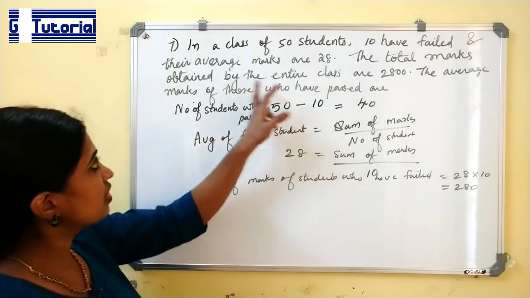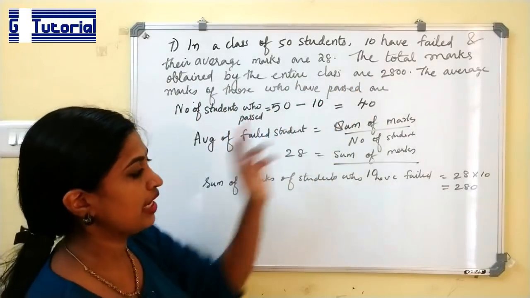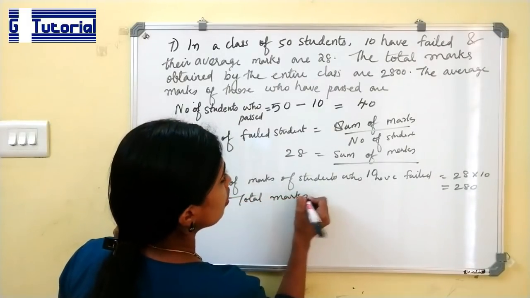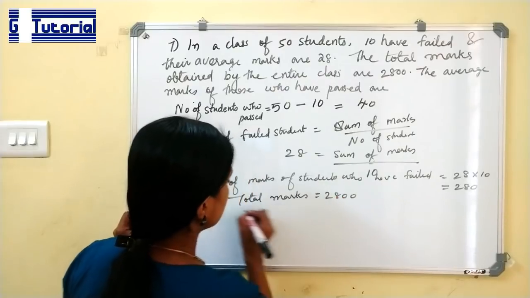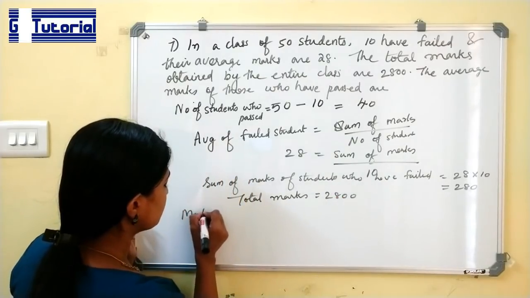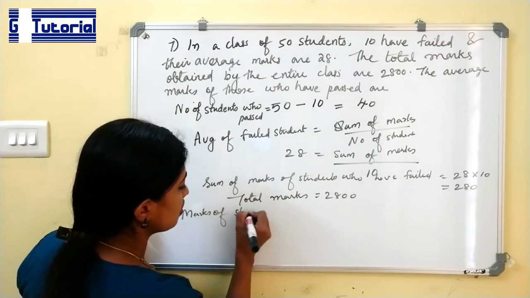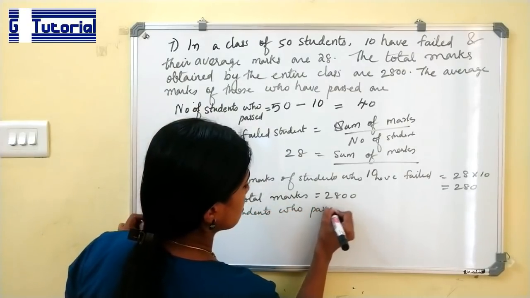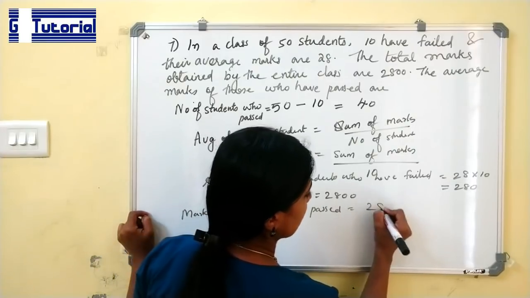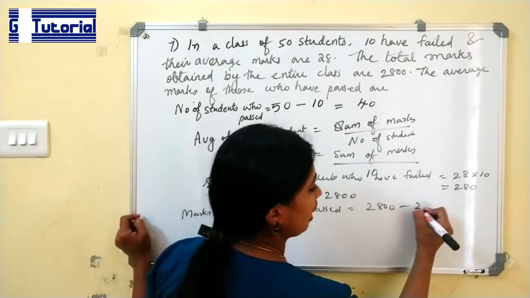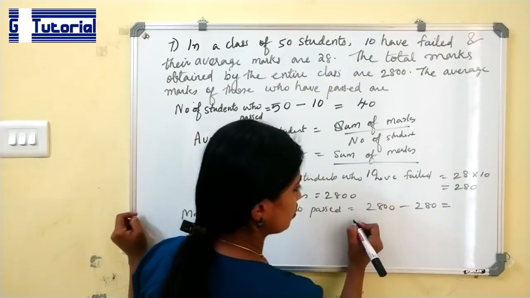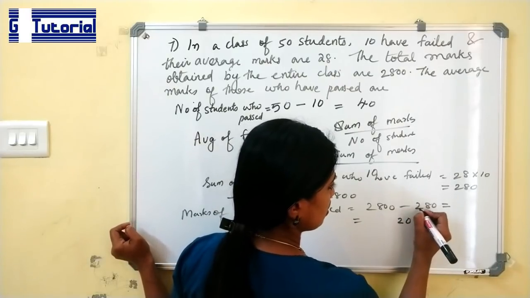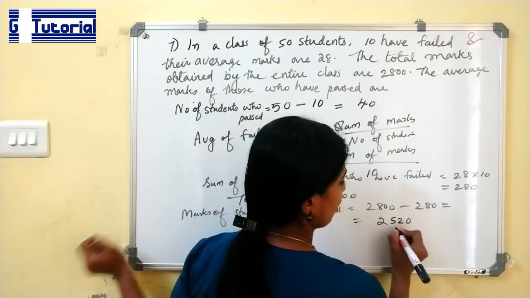We are given the marks obtained by the entire class. Total marks of the entire class is equal to 2800. So marks of students who passed is equal to total marks 2800 minus marks of students who have failed. So it is equal to 2520.